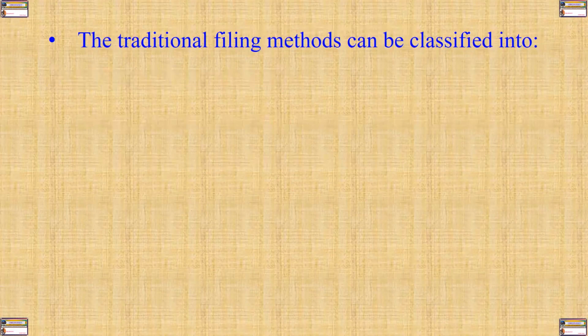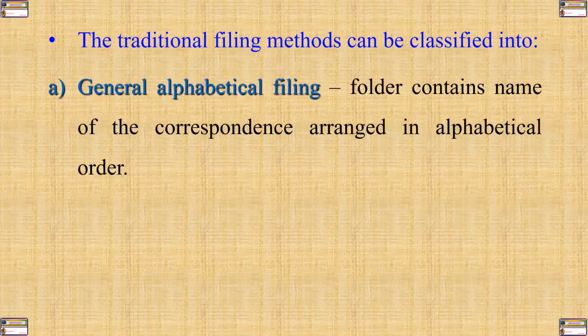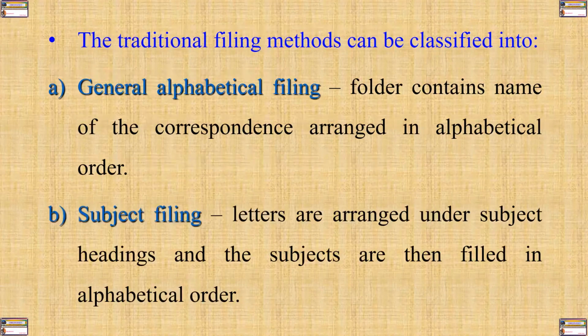The traditional filing methods can be classified into: 1, general alphabetical filing, where a folder contains the name of the correspondence arranged in alphabetical order. The second one is subject filing.